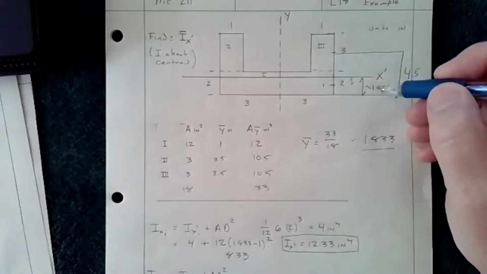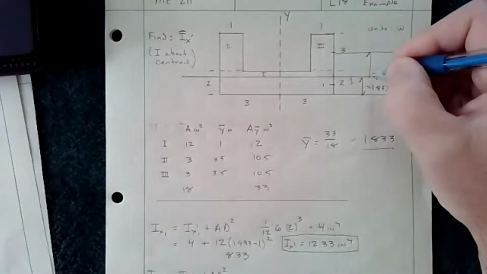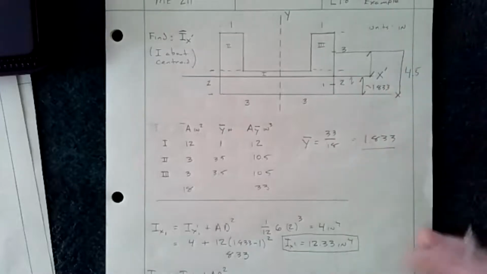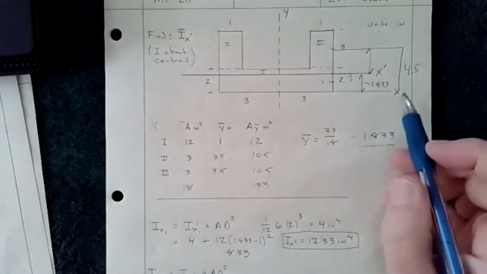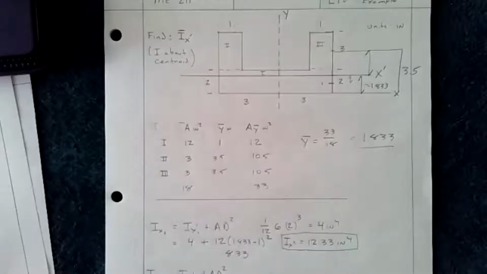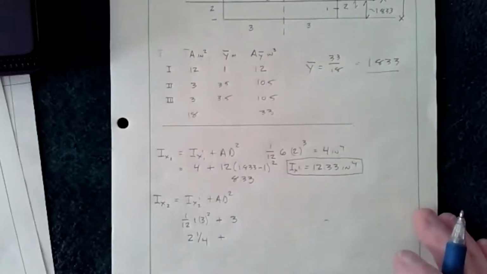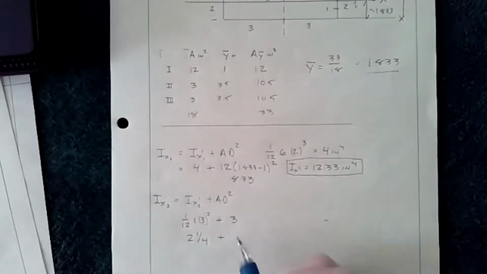And this is 1.833. So we want the distance here to here. So if we do 4.5 minus 1.833, sorry, I meant 3.5. Yeah, 2 plus 1.5 is not 4.5, it's 3.5. So 3.5 minus 1.833, and that's going to give us a value of 1.667.